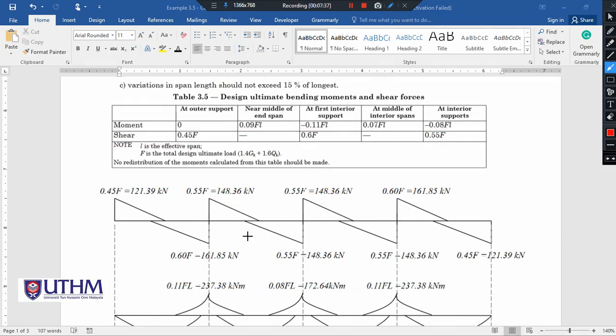And at this area, the mid span here, this is the at middle of interior span. Thus, the value for middle of interior span is 0.